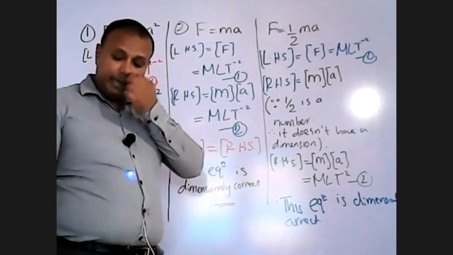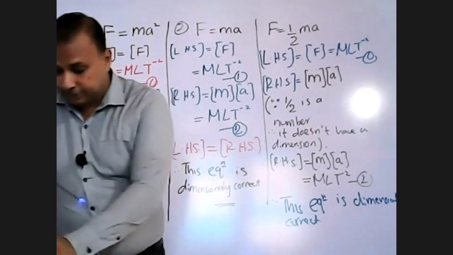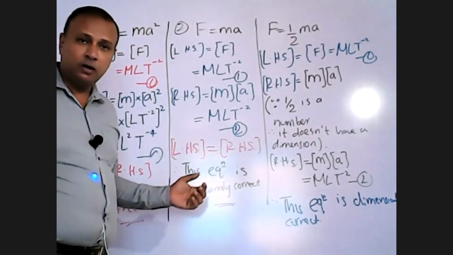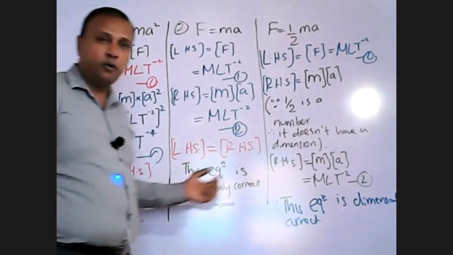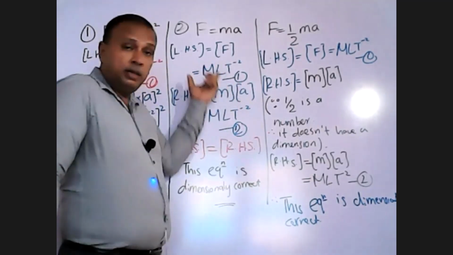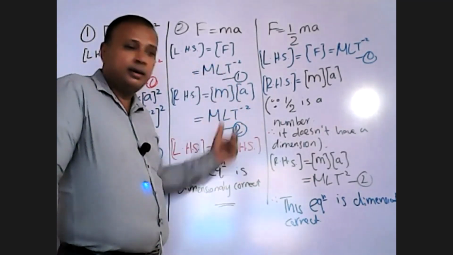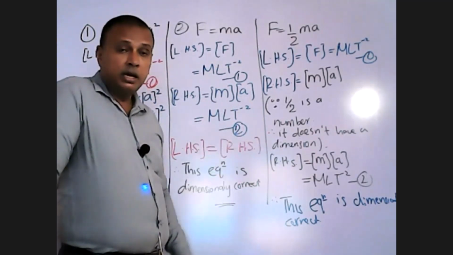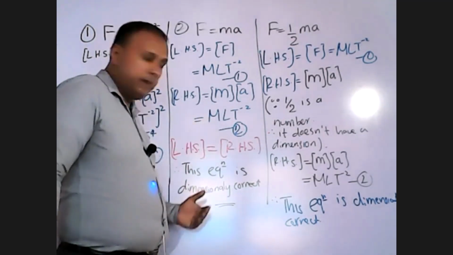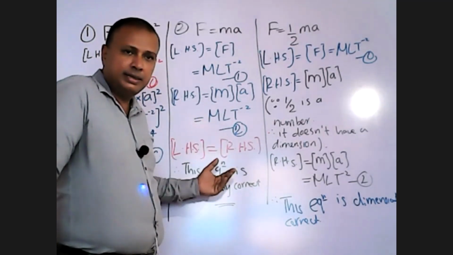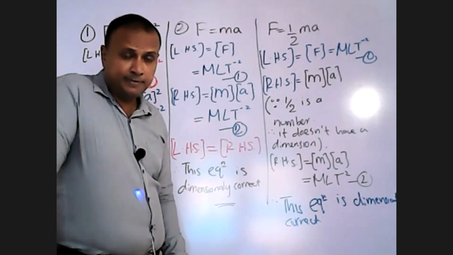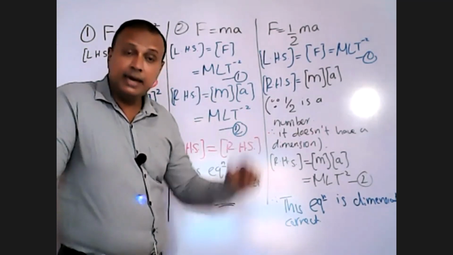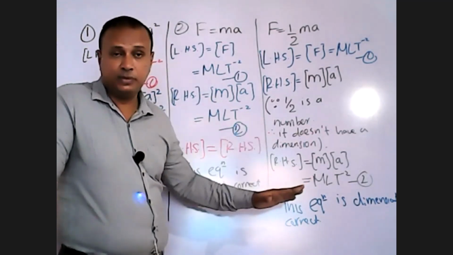So when we are calculating, if we find the dimension of LHS is equal to dimension of RHS, then we cannot say this equation is correct.